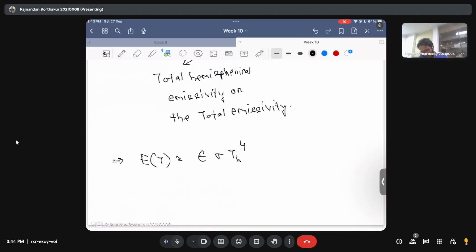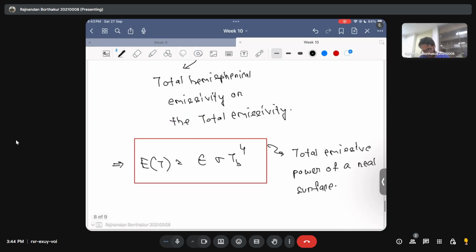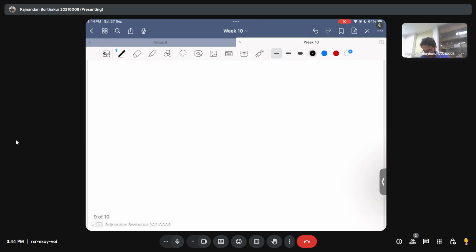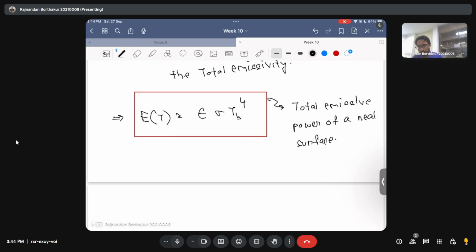This is nothing but the total emissive power of a real surface. I hope you are with me so far.